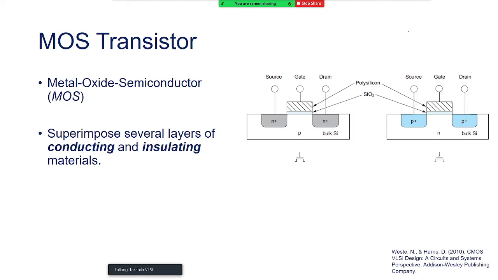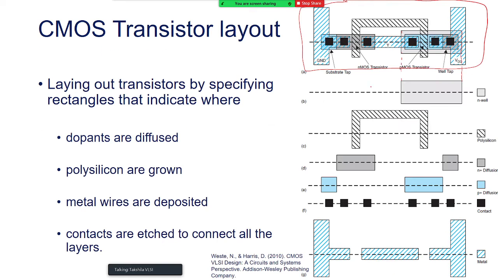Now we are looking from the top view, not the cross section. So first I will have this mask and I will let the light pass through it. Then the light passing through this mask will melt the photoresist beneath, and after that I know that the photoresist will melt, and in that area I am able to diffuse the dopants. So this is how I will use the N-well mask to create the N-well here.